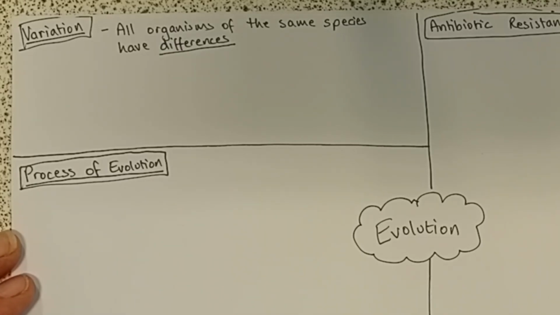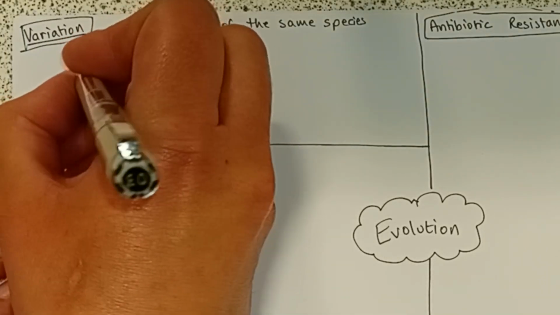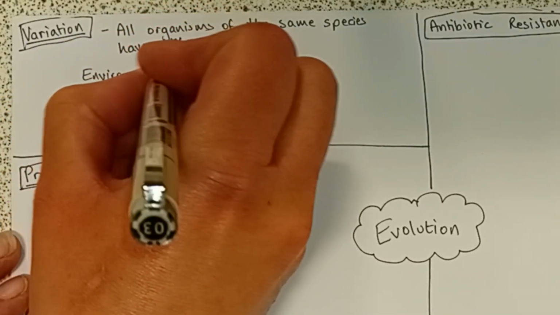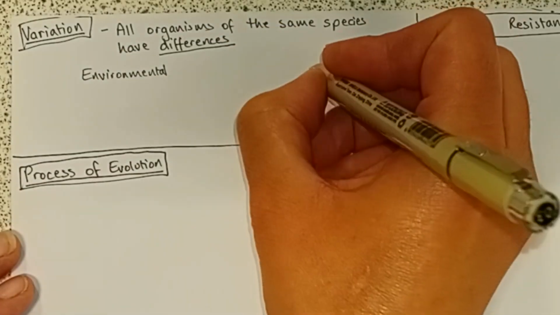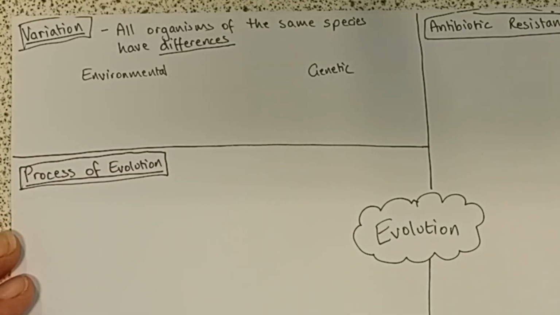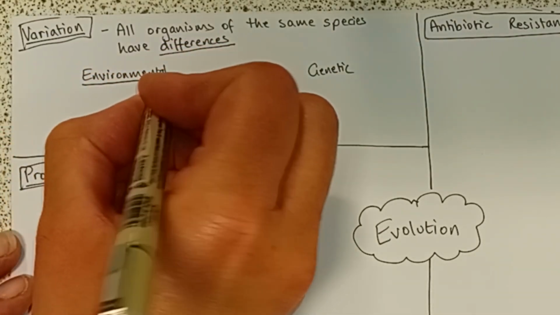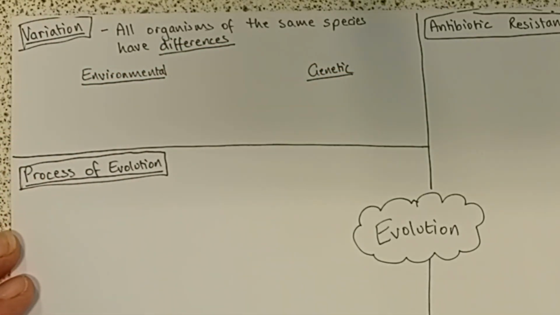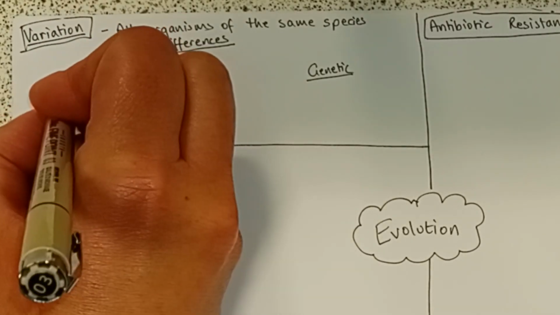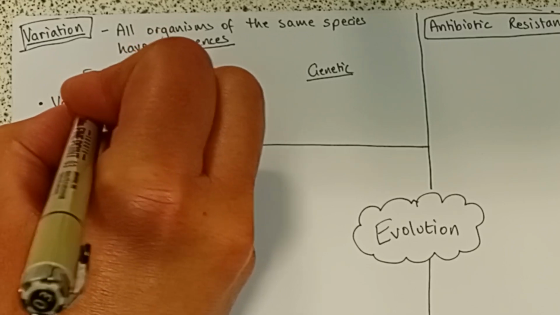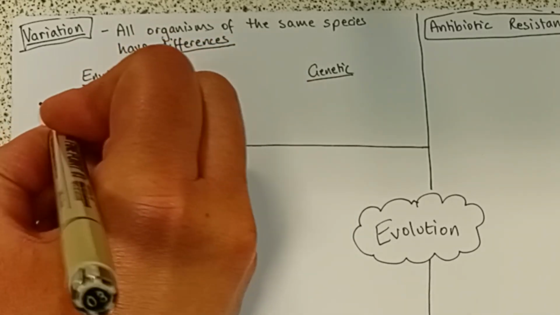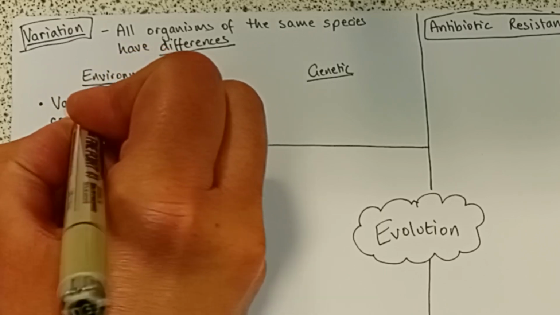The causes of those differences, though, can be environmental or genetic. By environmental variation, we mean differences that are caused by the conditions in which you live.